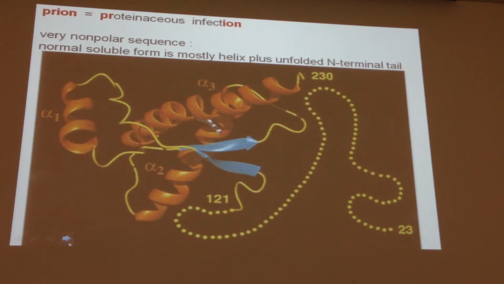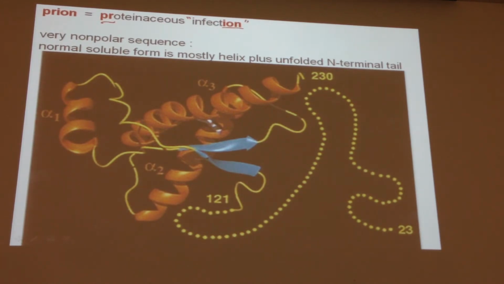So this particular protein in the mad cow disease, called a prion, the word prion stands for a proteinaceous infection. Instead of a nucleic acid-caused infection, a protein-caused infection, if you want to think of it that way.